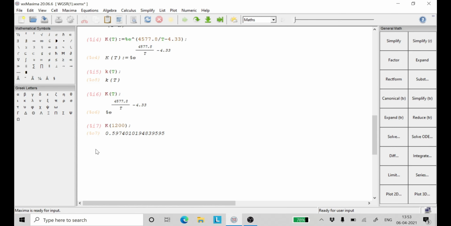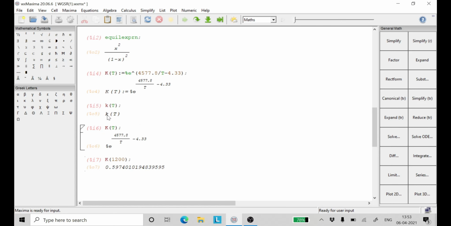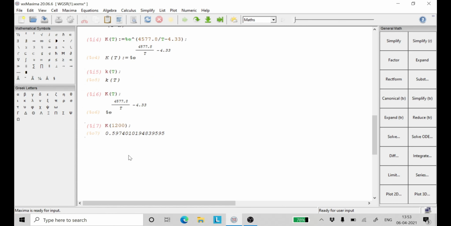Now we write the expression for solving the problem. The LHS of the equation will be the equilibrium constant and the RHS of the equation will be the expression in terms of moles, that is this expression. So we write a new expression for this.